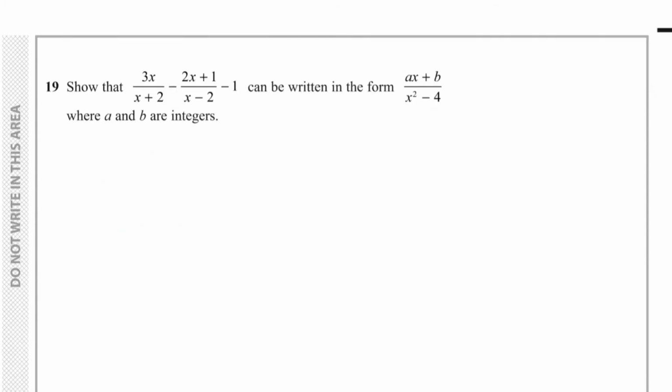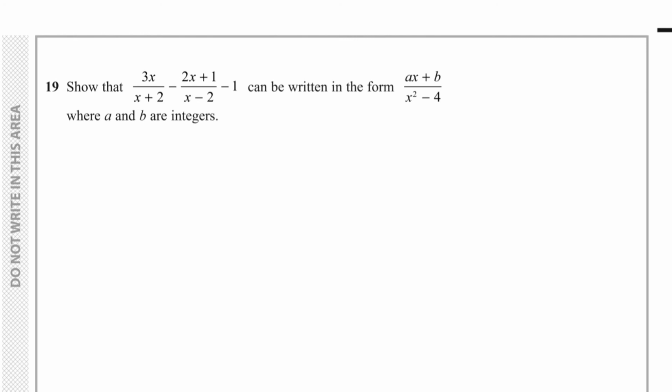Question number 19. We have to show that 3x over x plus 2 subtract 2x plus 1 over x minus 2, minus 1, can be written in the form ax plus b over x squared minus 4. Well, what we have is x plus 2, x minus 2, and 1 as our denominators.